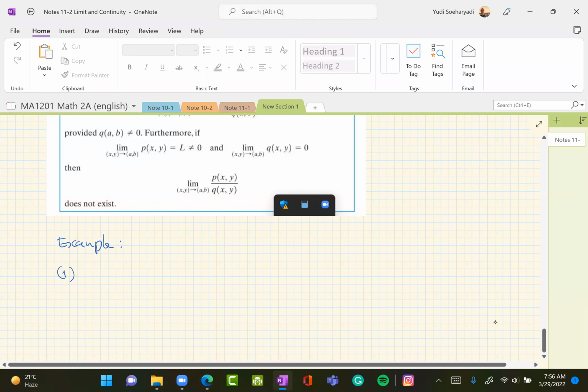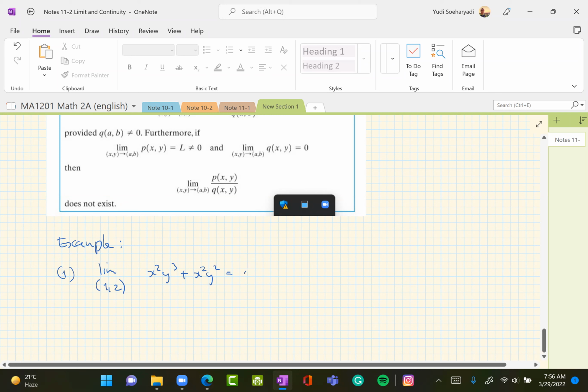This limit or whatever there is, is a polynomial. Just plug in numbers.